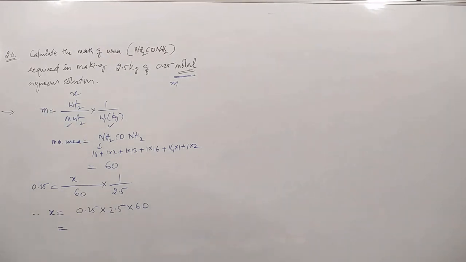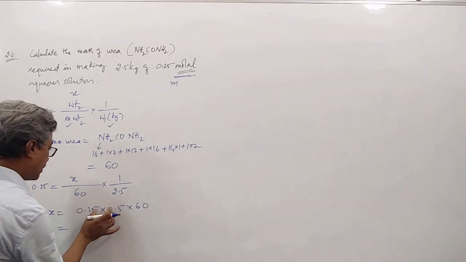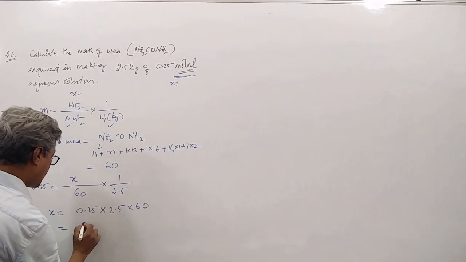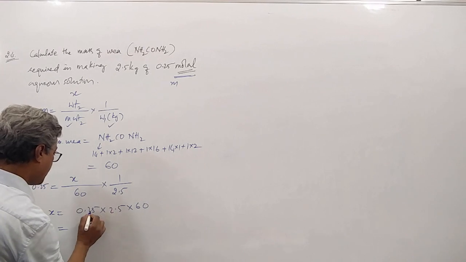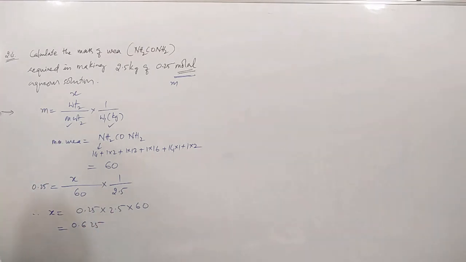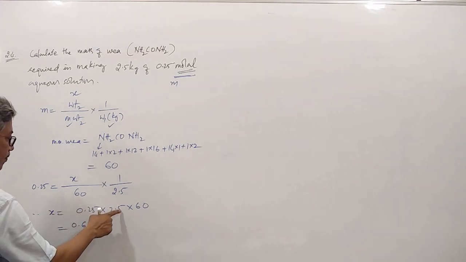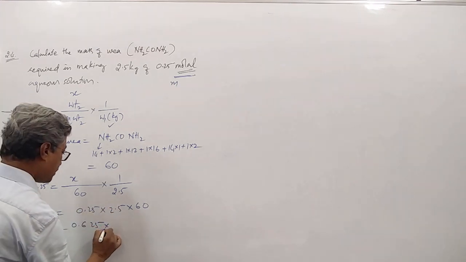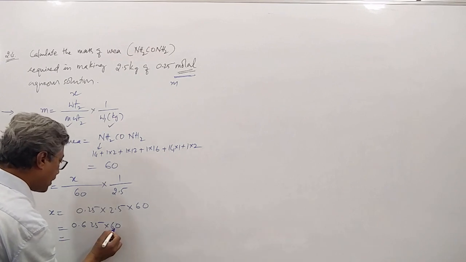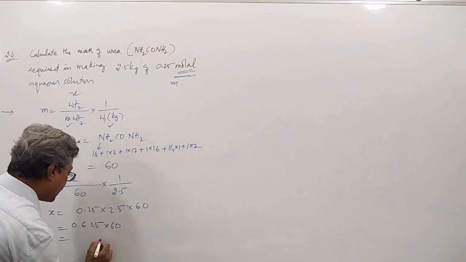Now, upon multiplying this, how much we will get? 0.25 into 2.5 is 0.625. 25 into 25 is 625. The decimal will be after 3 digits, 1, 2, 3. 3 digits, into 60. Okay. Now 6 3s are 18.